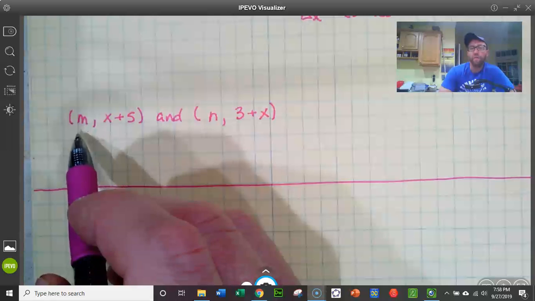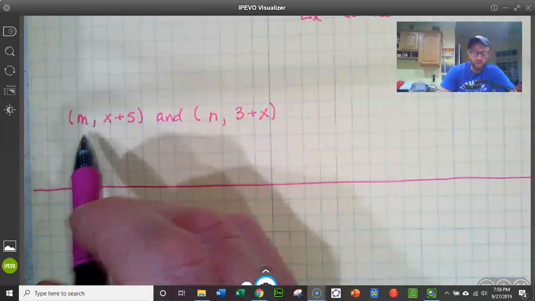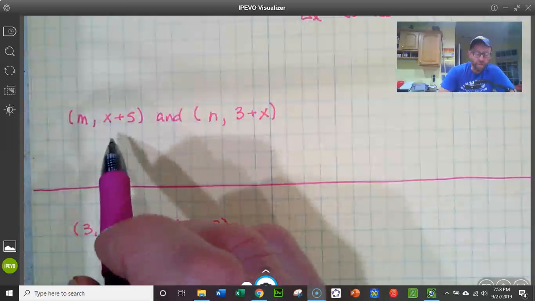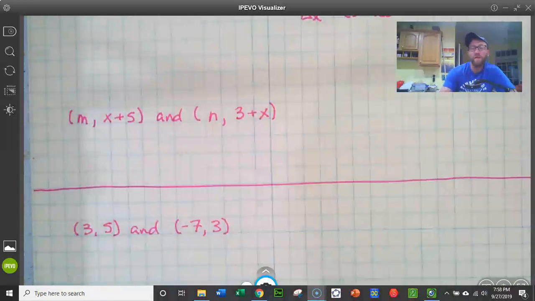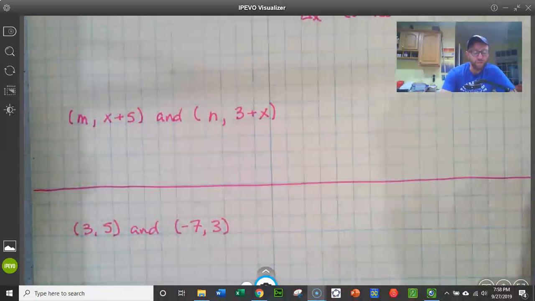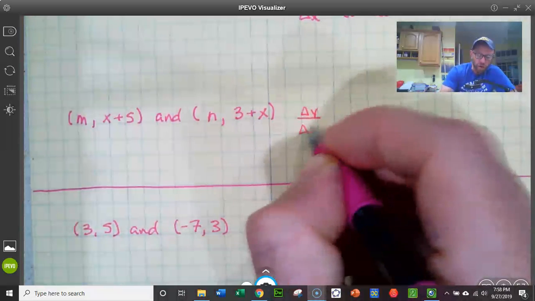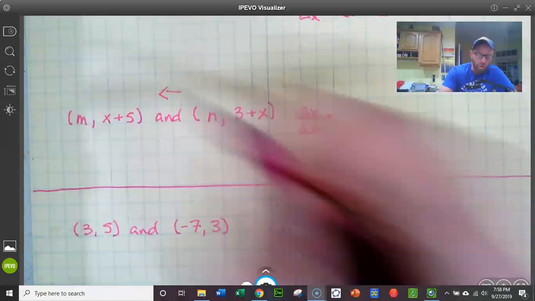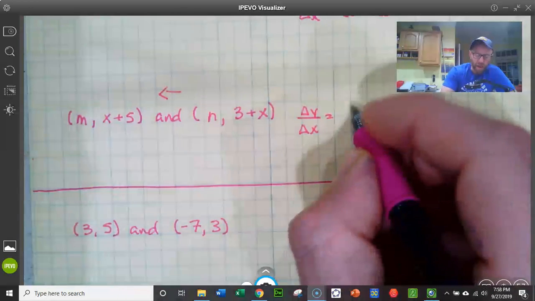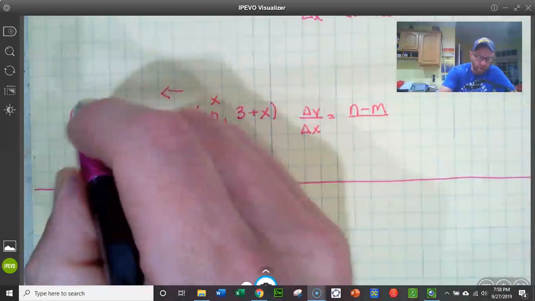I have some coordinate, I don't know what it is, or perhaps it's changing. So there's some rule or something like that that makes it change. X plus 5, that could be a coordinate. Lots of different things can be coordinates. So let's do our slope calculation. So delta y over delta x, let's see. We'll go n minus m in that direction. So this is our x coordinate.